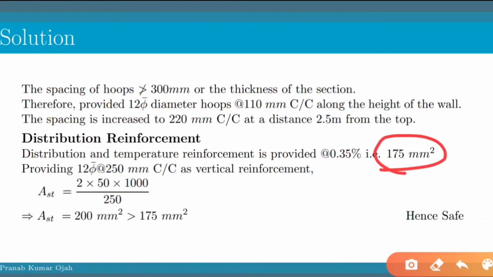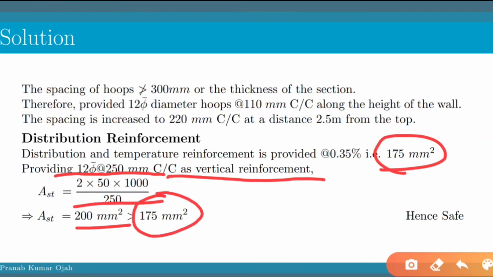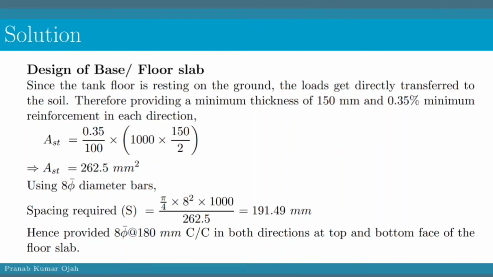If I provide 12 Tor at 250 mm center to center as vertical reinforcement, the area of steel provided will be 2 into 50 into 1000 divided by 250, which comes out as 200 mm square, which is greater than 175 mm square. The provided area of steel is more than the minimum required, hence it is safe.